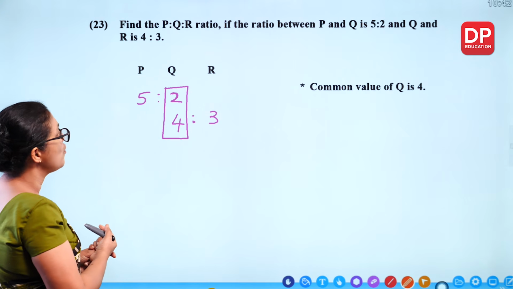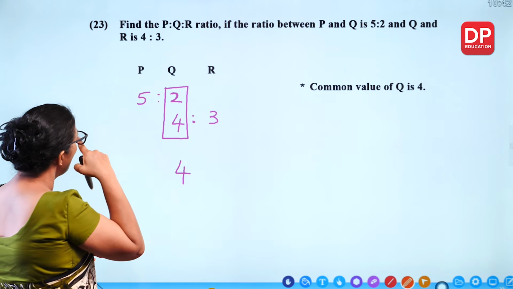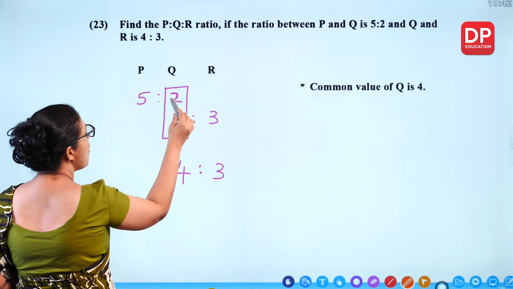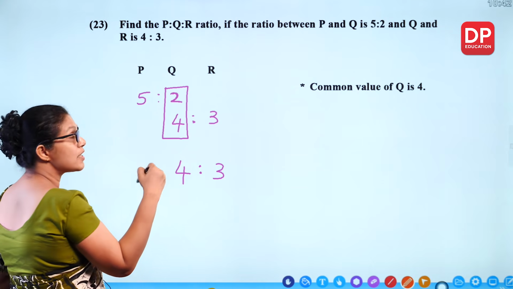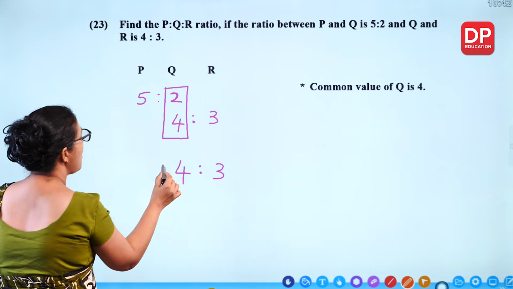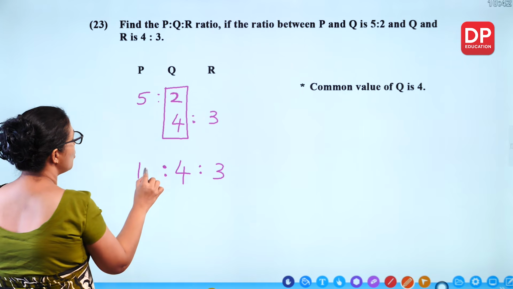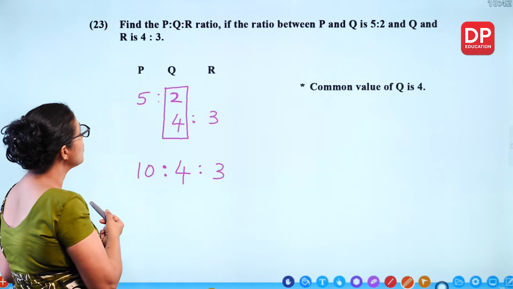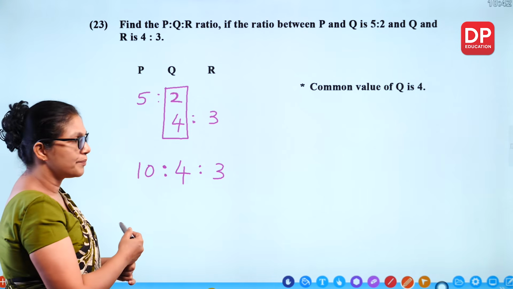That means 4. You have to convert this to 4. So we take the 4. 4 to 3 is there. How do you get 4 from 2 here? Multiply by 2. So you have to do the same thing here. 5 times 2, you get 10. So what's the ratio between P to Q to R? 10 to 4 to 3.